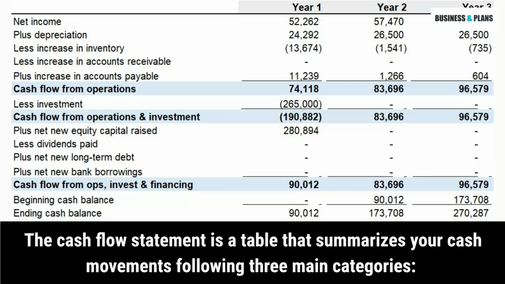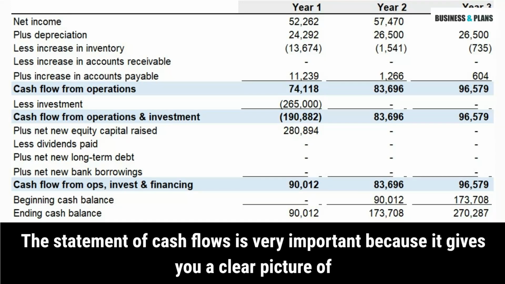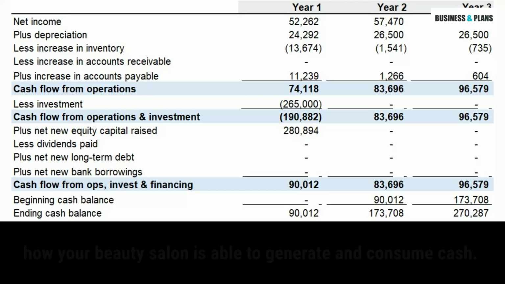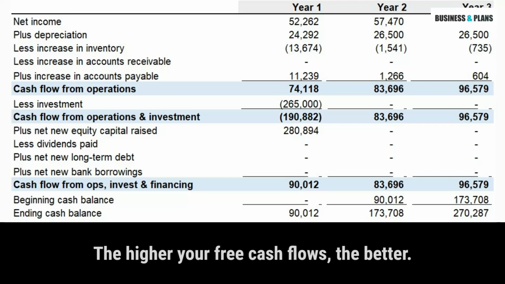The cash flow statement is a table that summarizes your cash movements following three main categories: cash flows from operations, cash flows from investing activities, and cash flows from financing activities. The statement of cash flows is very important because it gives you a clear picture of how your beauty salon is able to generate and consume cash. The higher your free cash flows, the better.